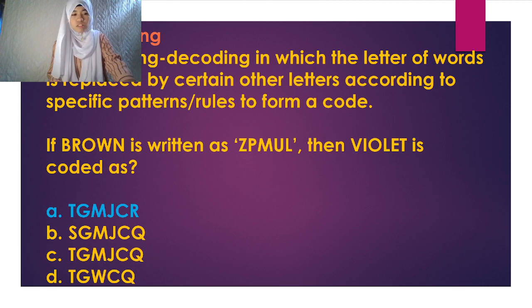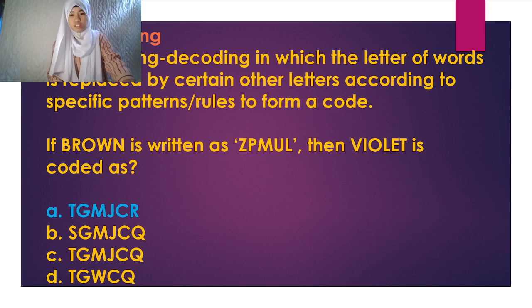The question: if BROWN is written as ZPNUL, then VIOLET is coded as A) TGMJCR, B) SGMJCQ, C) TGMJCQ, D) TGWCQ.